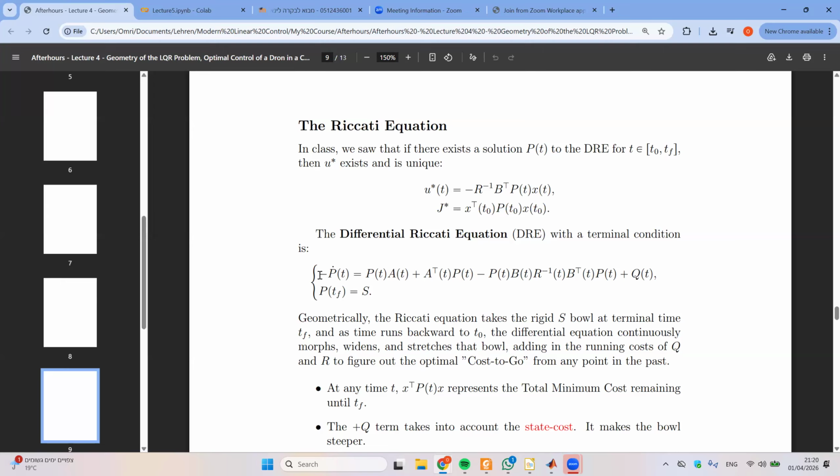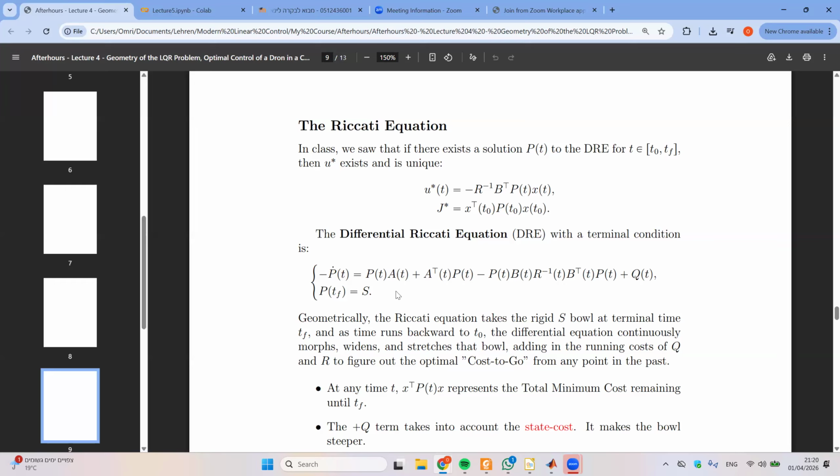Now this is the differential Riccati equation, and let's understand it together. Basically, the solution P represents a ball which changes over time to accommodate the terms in the integral and the final term with S. So it represents a ball, but the ball itself changes over time.